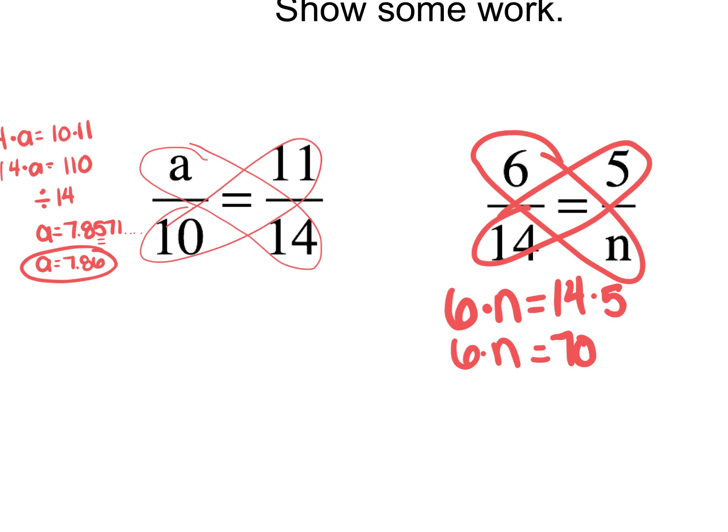Maddie, give it a guess. By what? So over here, we divided by the 14 that was being multiplied by the a. So what do you think we're going to divide by over here? The number that's attached to your a, so your 6. So we're going to divide 70 divided by 6 in your calculator.